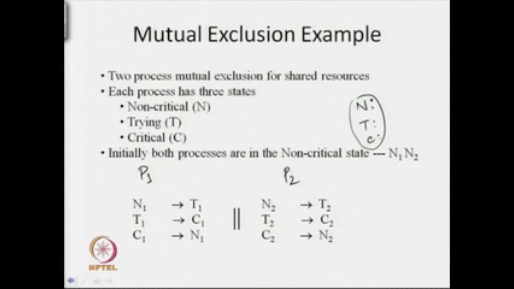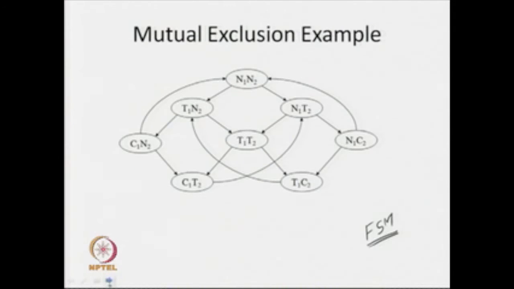For mutual exclusion, we have two processes P1 and P2, these are the possible states and these are the possible transitions. When we look at them as a whole, we get this transition behavior, and this transition system depicts the behavior of our system.